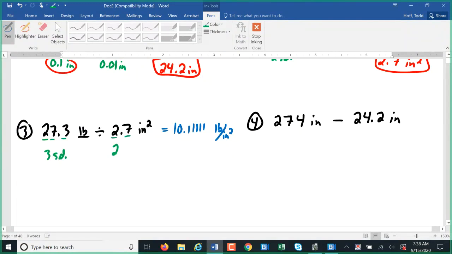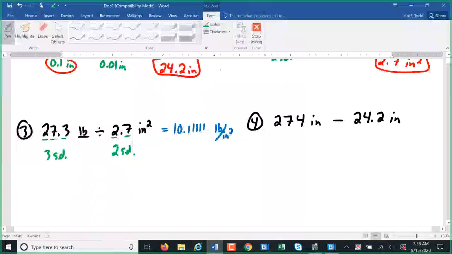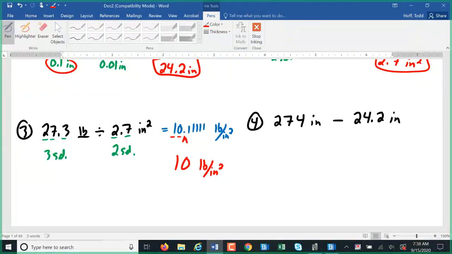It has 2 significant digits. So our answer has to be rounded to 2 significant digits. So we start at the beginning, we count 1, 2. We're going to have to round there, which is going to be 10. But we can't write it like this because the way it's written right there only has 1 significant digit. We have to indicate that 0 is a significant digit.